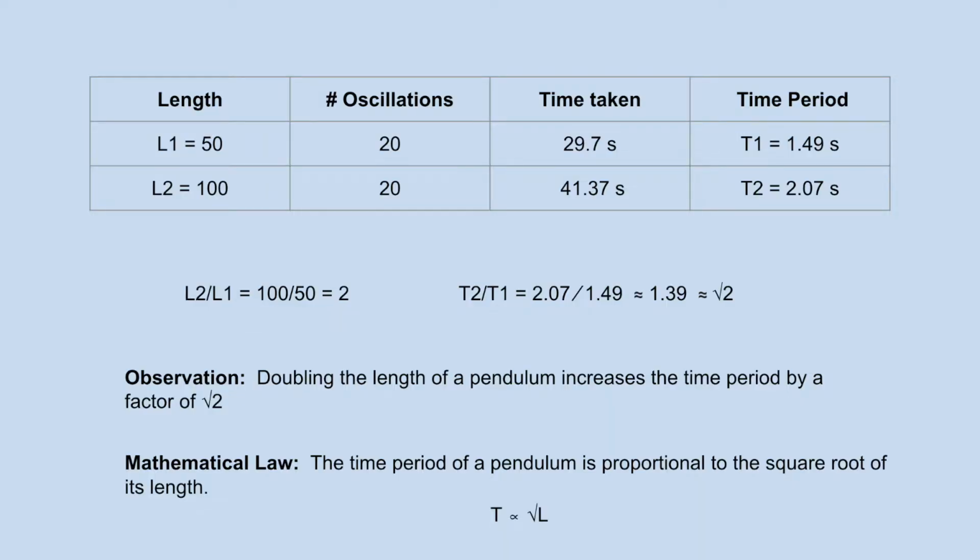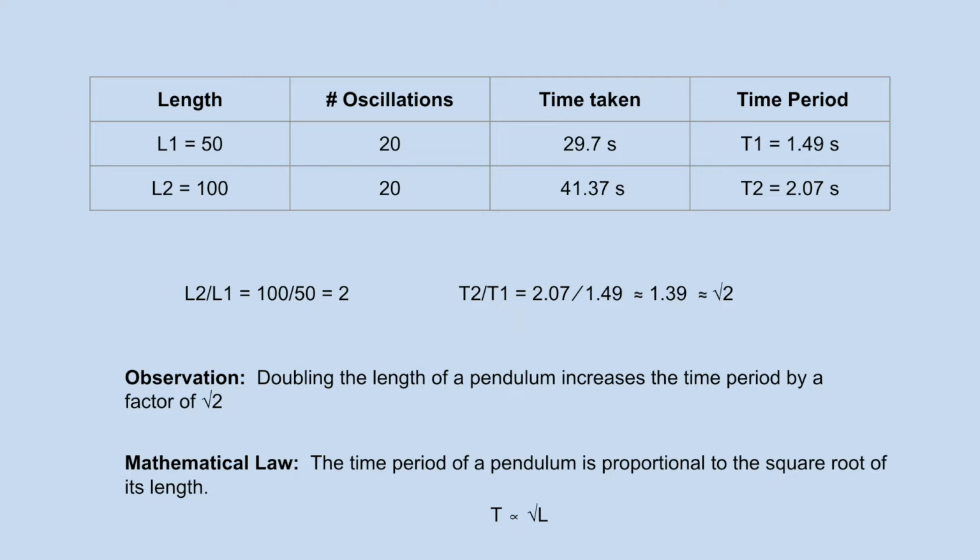Okay? Now you might wonder, where is square root of 2 coming from? To understand that, let's take a closer look at the data here. In this table, the first column shows the length, 50 and 100, and in the third column, you have the time for 20 oscillations, 29.7 and 41.3. When you compute the time periods, you get 1.49 seconds for 50 centimeters and 2.07 seconds for 100 centimeters.